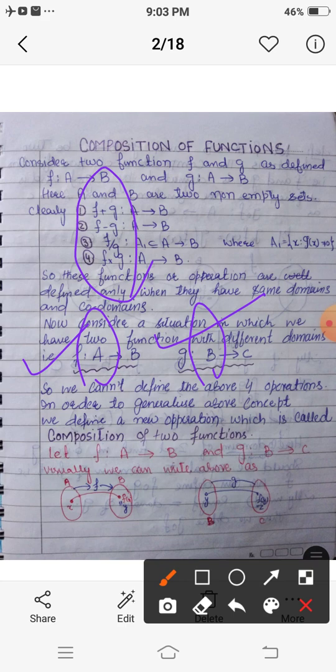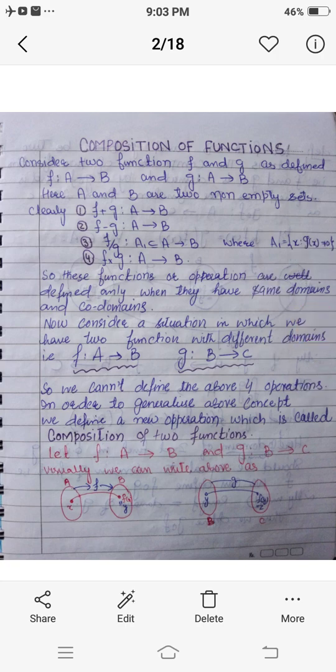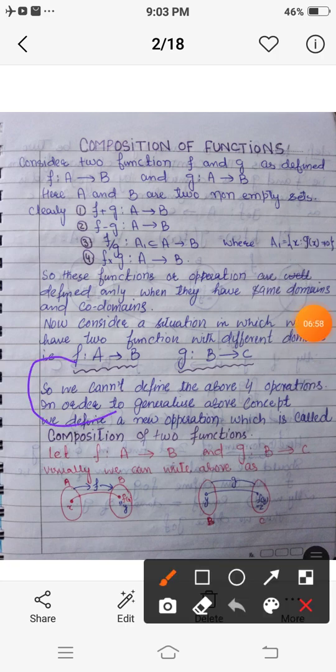So when we cannot define these operations in this situation, we have to discuss a new operation, which is called the composition of two functions.